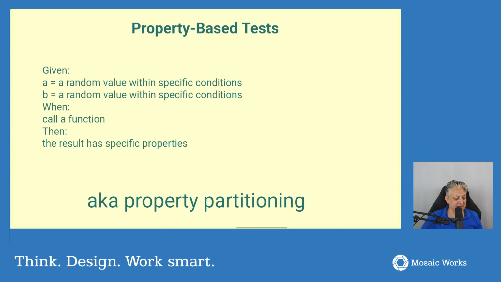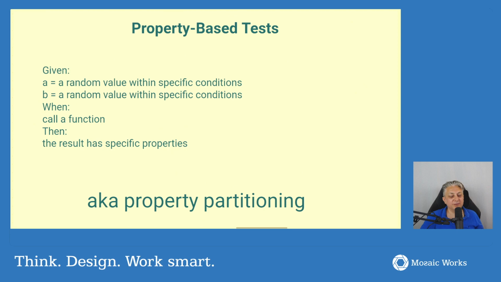The next type of test is something called property-based tests. And the fundamental idea, assuming once again we have a function that takes two values and returns a value, is that you're testing for specific properties.